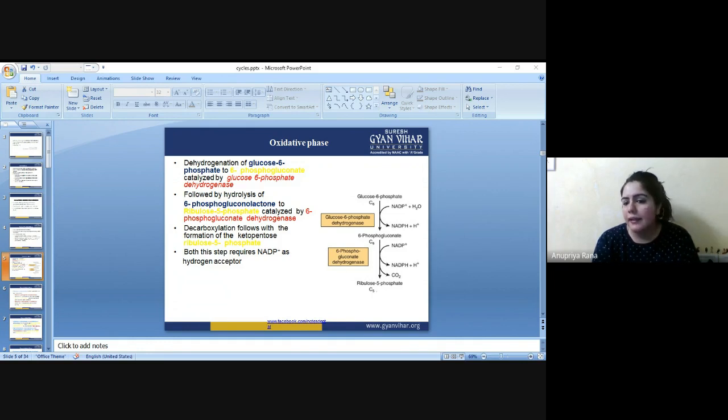So what we are getting here is from 6 carbon to 5 carbon. And this is our first success.